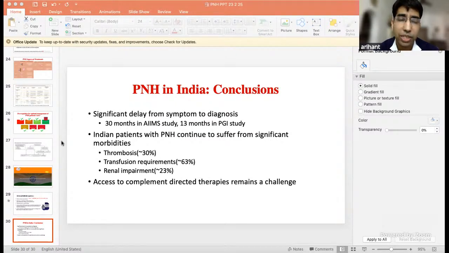Even low dose steroids, like for one of our patients, did land up in disseminated tuberculosis with a TBM, and he was on frequent intermittent doses of steroids. Another patient actually succumbed to a fungal pneumonia. A lot of time they evolve into an aplastic anemia, or they already have an aplastic kind of picture.